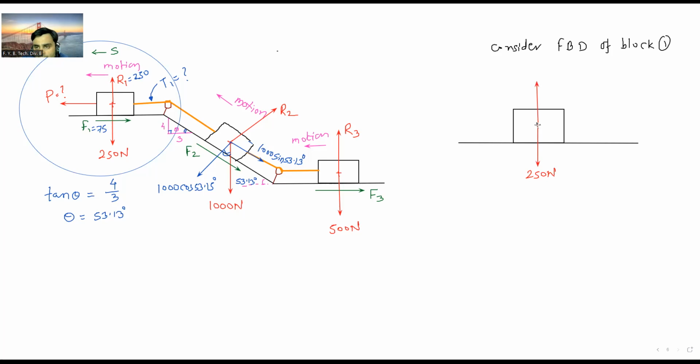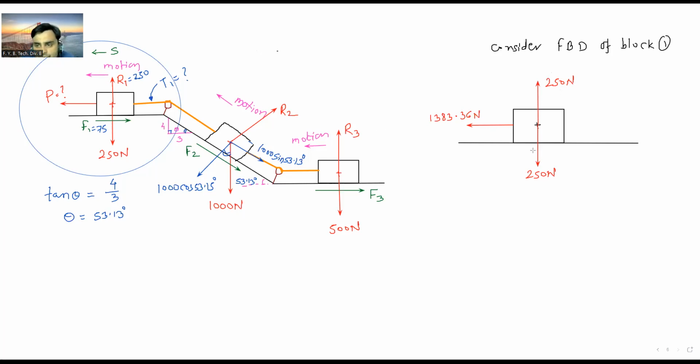Normal reaction R1 is again 250 Newton. Then the force in the string, this value is already calculated. What is the value of this force in the string? It is 1383.36 Newton. This is the force in the string.